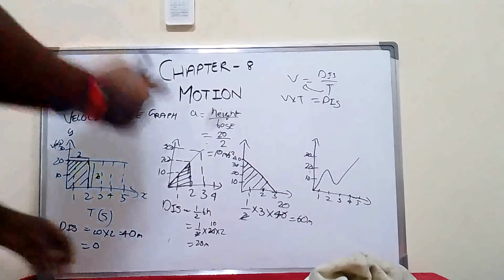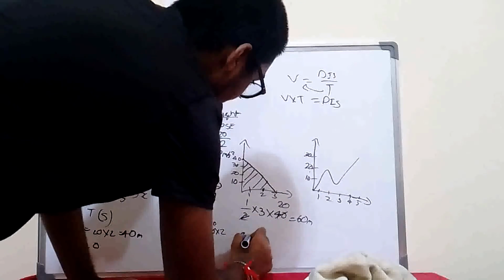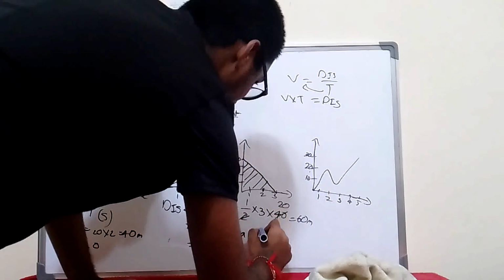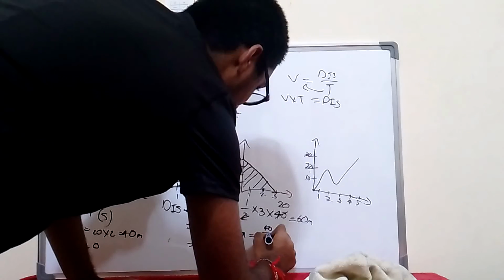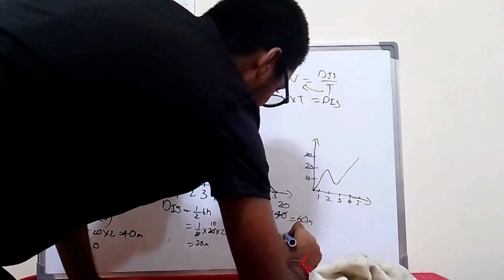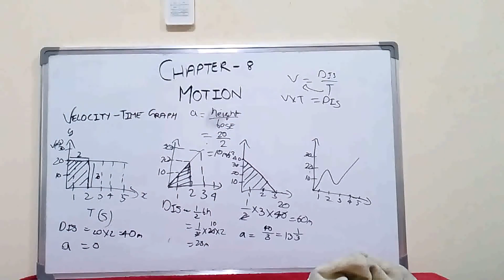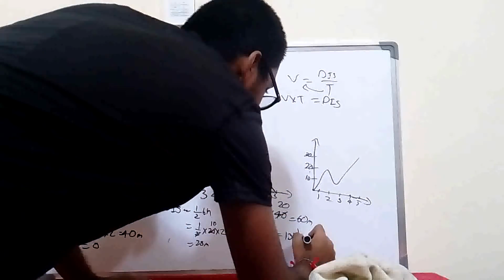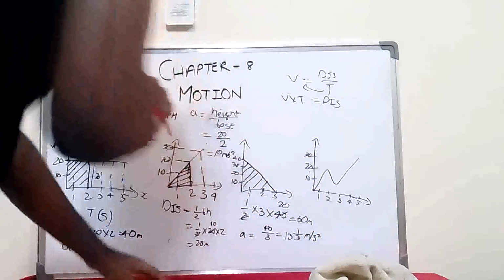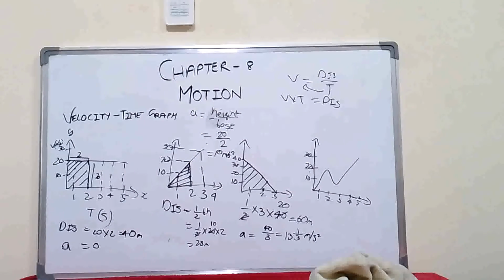And when we come to acceleration, it will be again the height by base, which will be 40 divided by 3, which will be 13 1 by 3. So that is going to be the acceleration in meter per second square. Yeah, so that is how we find it from a deceleration.